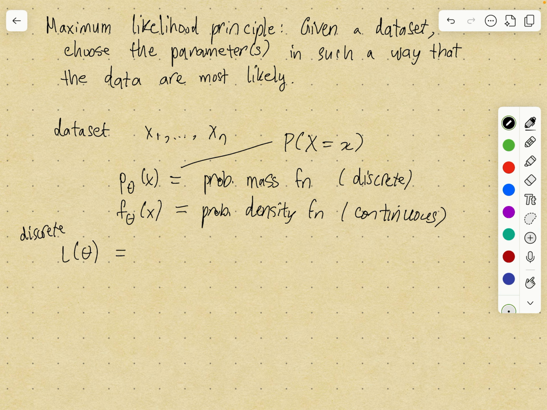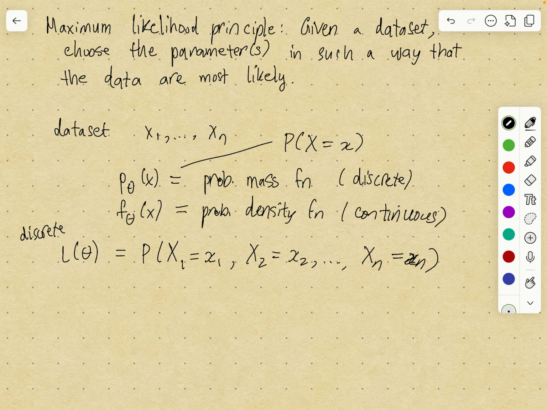We define L of theta to be the probability that your first random variable is little x1, that your second random variable is little x2, all the way to xn. So you have n different random variables that we're assuming come from the same discrete distribution, right?